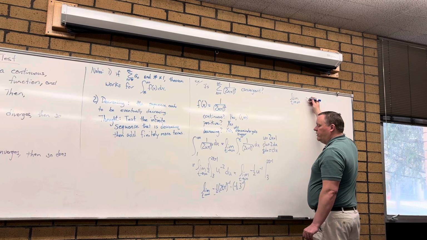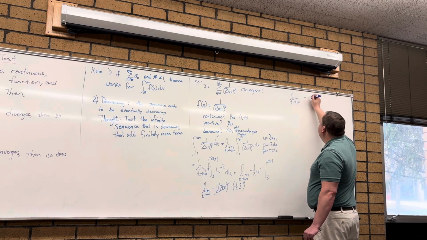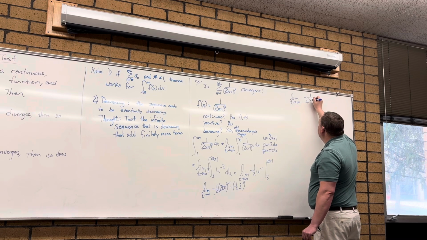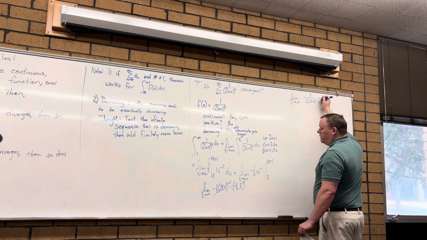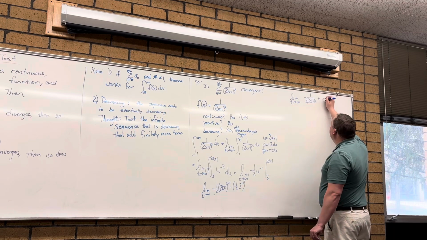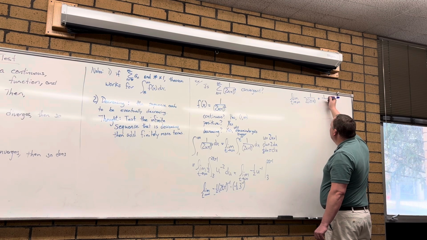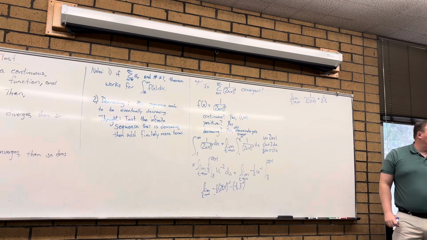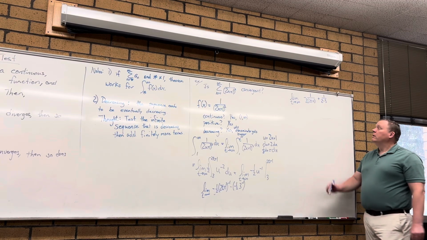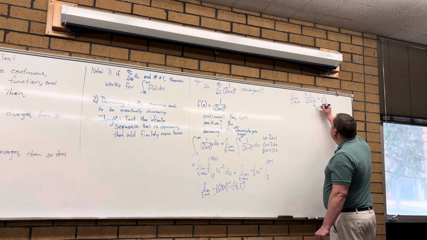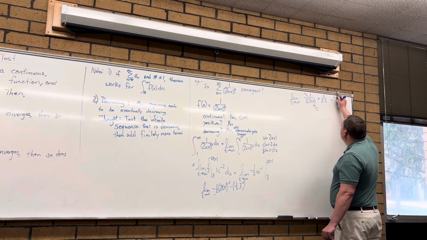We'll take this as negative 1 over 2 times 2t plus 1, and then plus 1 over 2 times 3. We could simplify this more, but let's go ahead and take the limit. What happens when t goes to infinity? This goes to 0, and so I end up with just 1/6.